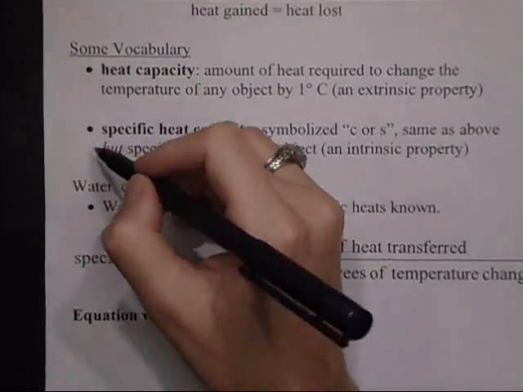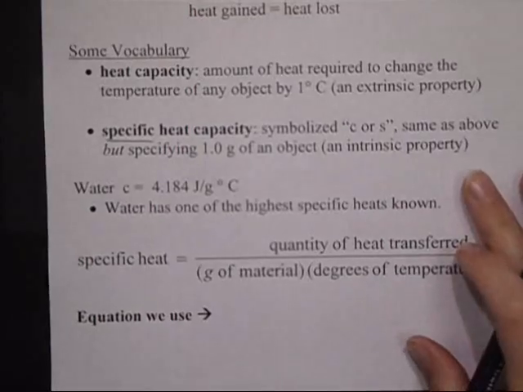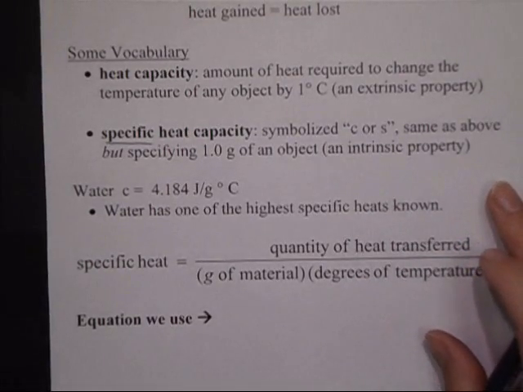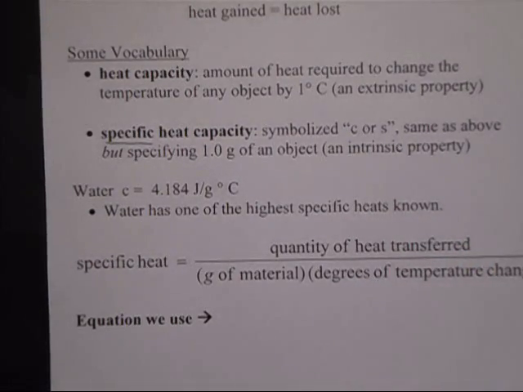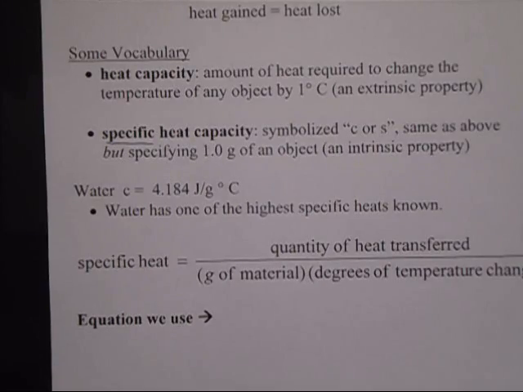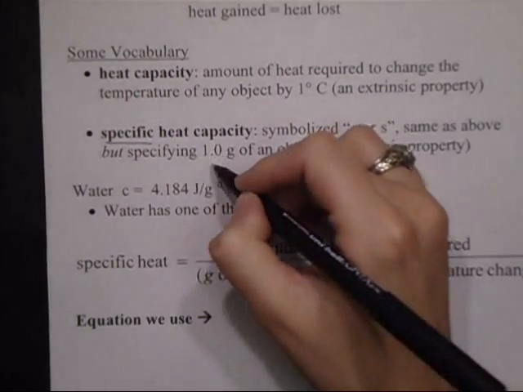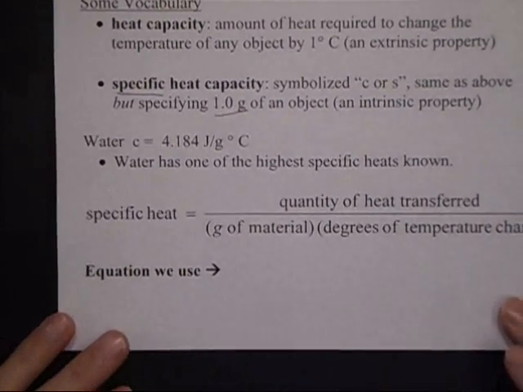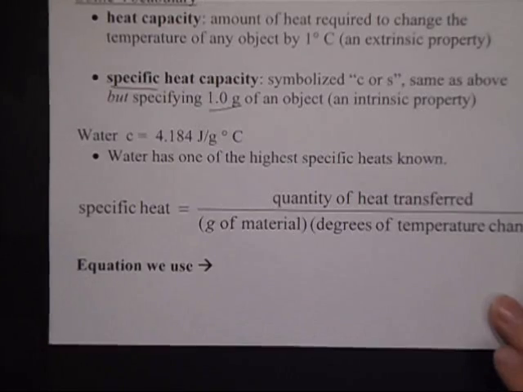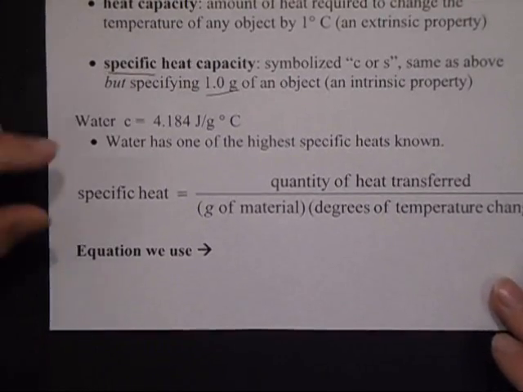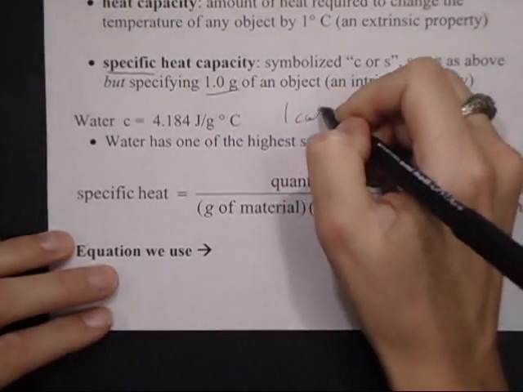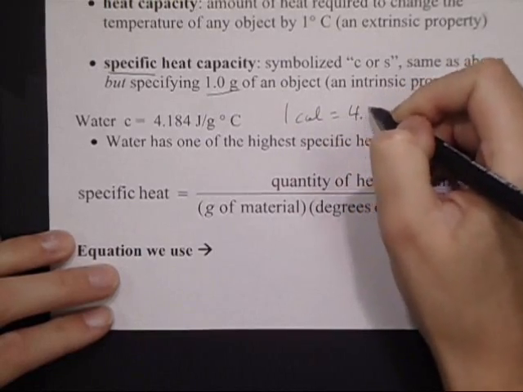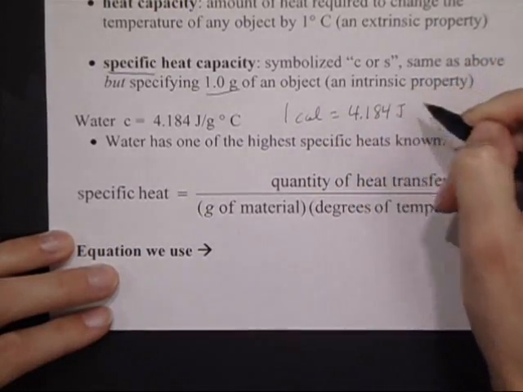But specific heat capacity is more specific. Rather than being just how much energy does it take to heat anything up, it's how much energy does it take to heat 1 gram of a substance up. The other day we looked at the energy conversion between joules and calories, and we saw 1 calorie, little c, was 4.184 joules.